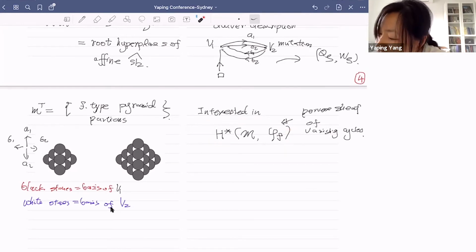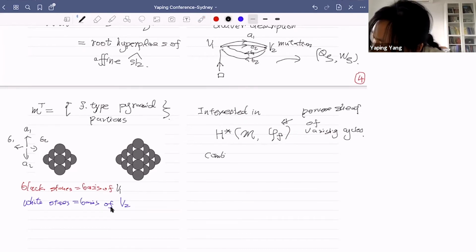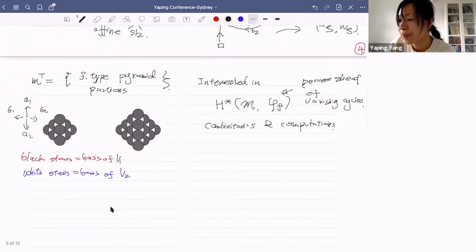And so I'm interested in the combinatorics and computation for the cohomology.